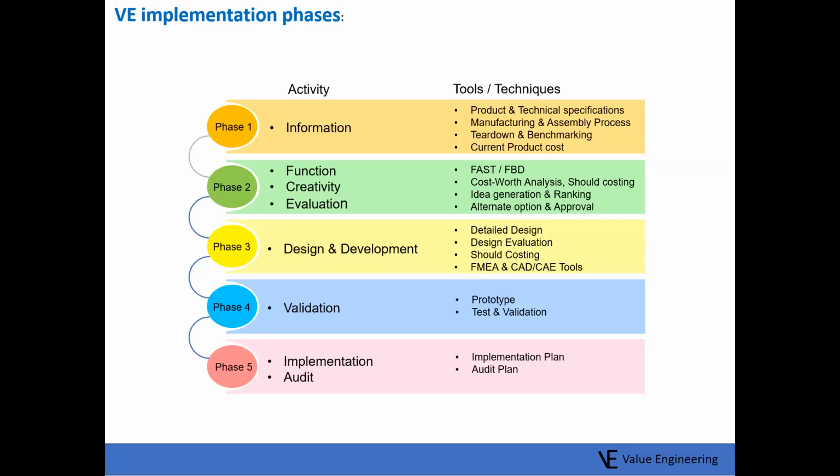And then you need to check the strength point of view. You can do the CAE analysis with ANSYS software or any other software. You do the FEA analysis to see the strength of the component.